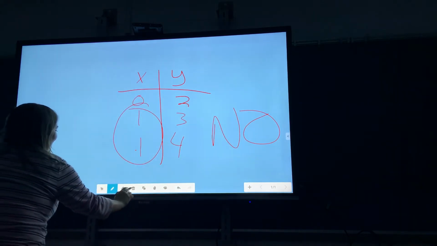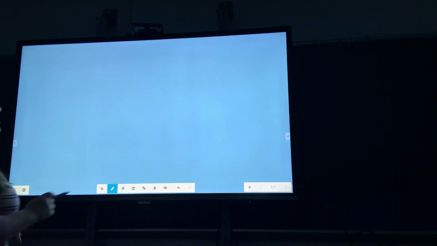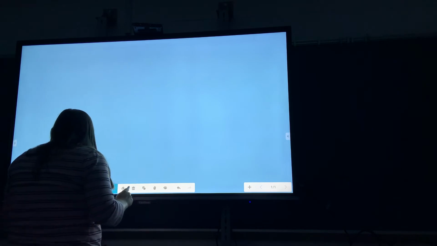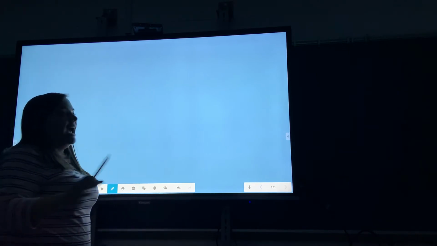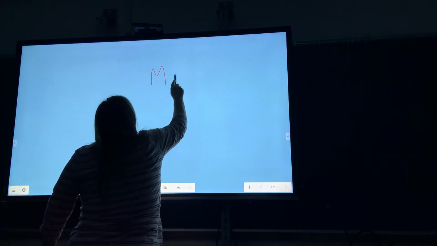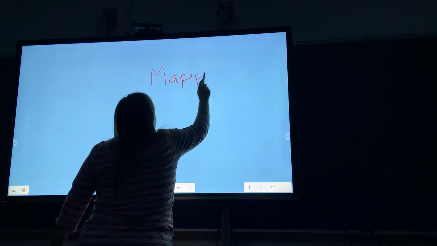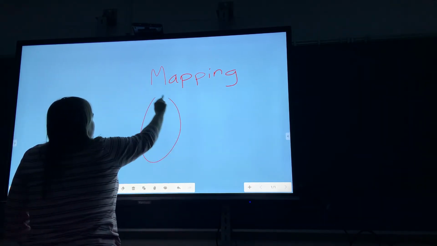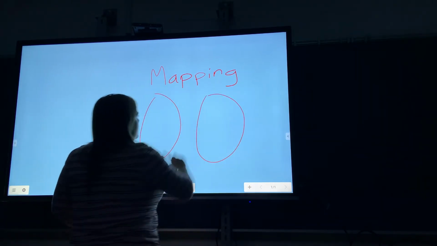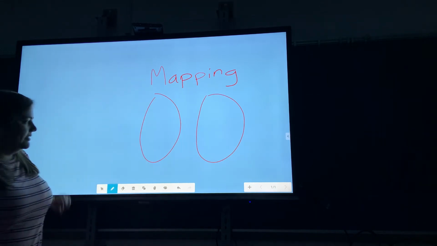Okay, all right. So that was a table. Now I'm going to look at maps. So mapping is another way to present information. You're going to see these two little circles, oval things.